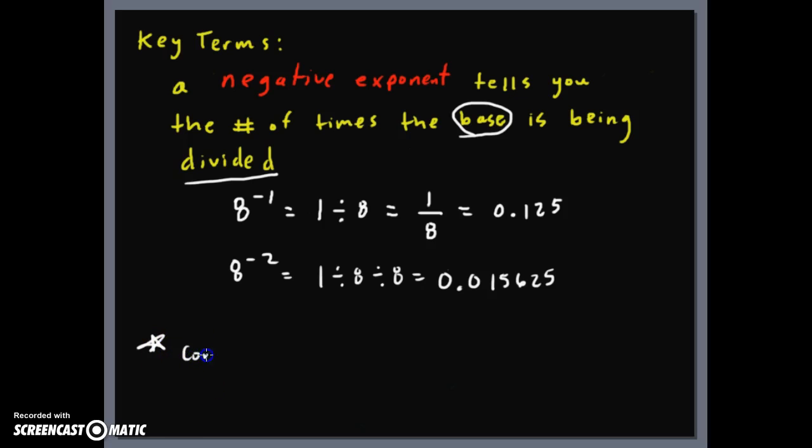So convert negative exponents to positive. And that's what we're going to do in all of these examples. So let's go ahead and talk about how you do that.